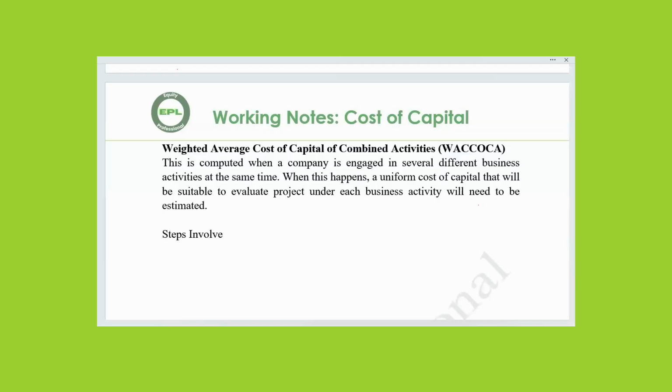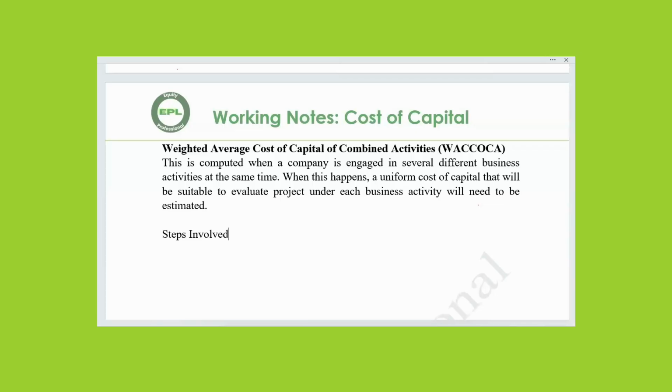If you see in a question that the company is into several activities, for example, a company is into real estate and is also into the communication business, then instead of using a particular cost of capital for communication and another cost of capital for real estate, you need to calculate a uniform cost of capital that will be consistent with the risk associated with any of the businesses.